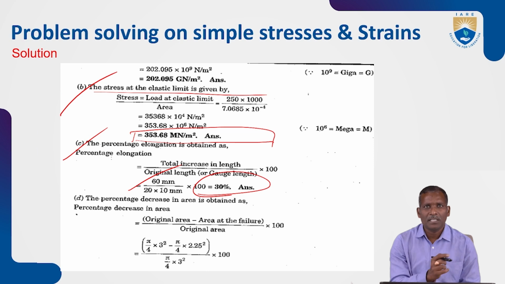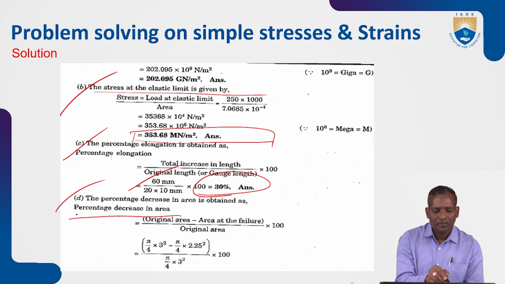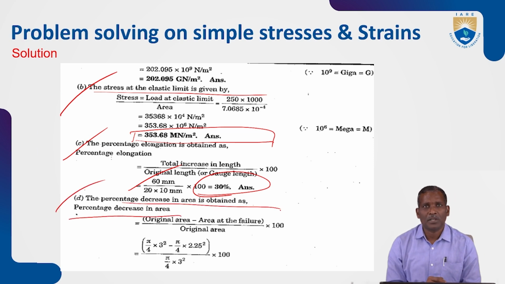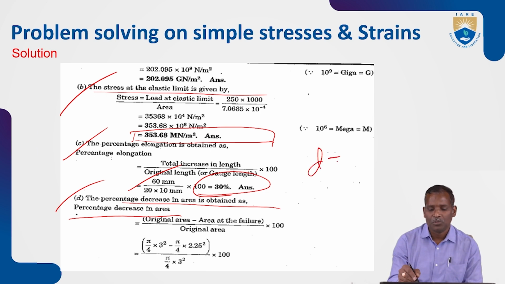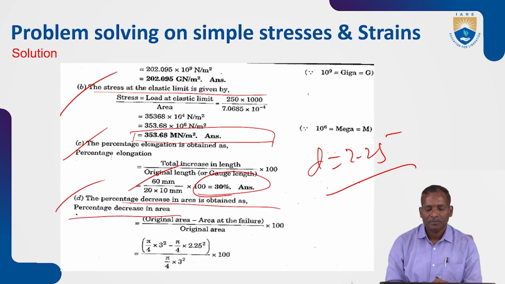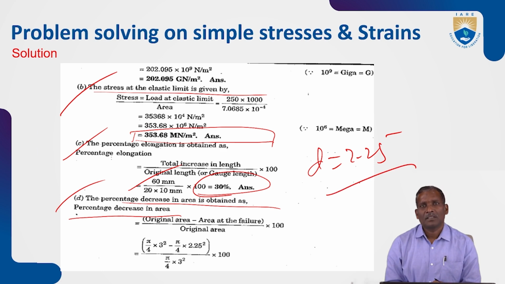The percentage decrease in area is original area minus area at the failure, by original area. The original area is pi by 4 into diameter 3 centimeter square, and the area at the failure, where the diameter is 2.25. Calculate this difference and you will get the percentage decrease in area.